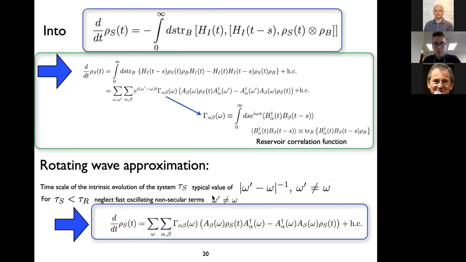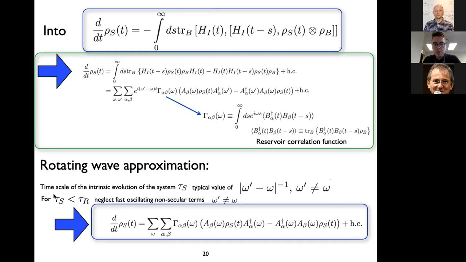So the way that we implement this is that when we look at this expression, we can see that when we evolve our open system over some time which is of the order of tau of r, then for the terms for which omega prime is not equal to omega, we can expect these terms to oscillate very quickly due to this separation of timescales argument.